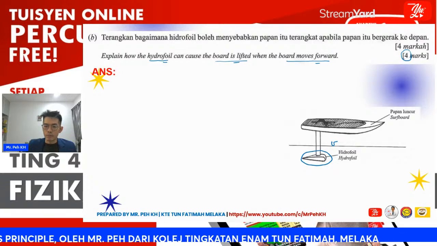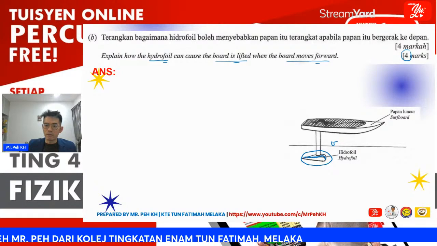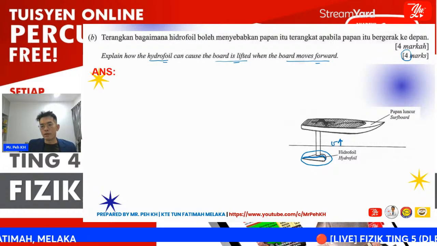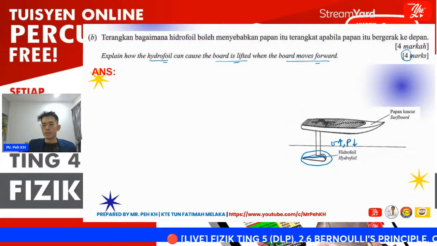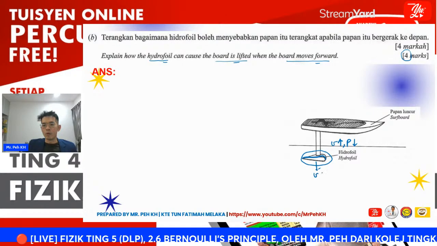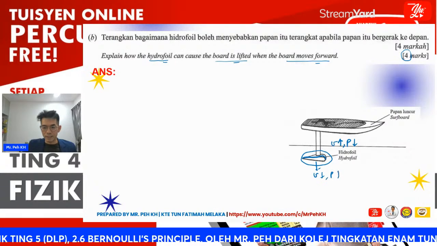So you can see the shape. The longer path will be at the upper parts. So that means the speed will be highest at the upper parts of the aerofoil, then the pressure will be lower. Compared to the bottom parts, the speed will be lower and the pressure will be higher.